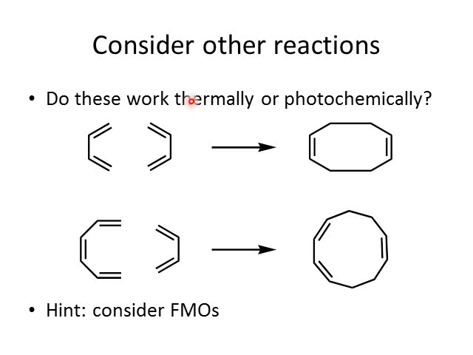And for photoexcited, imagine photoexciting one of the 2 molecules. So essentially, instead of considering the highest occupied, you're going to consider the next one up, because you've moved one electron up, and then do the highest occupied of one and the lowest unoccupied of the other, and you'll find that this one works photochemically and this one does not.